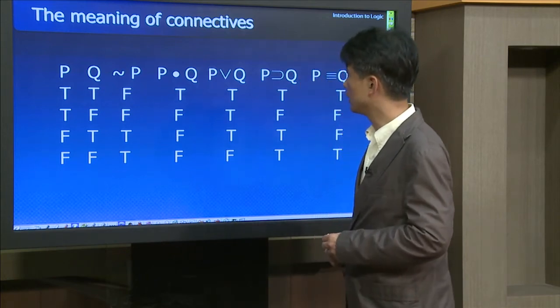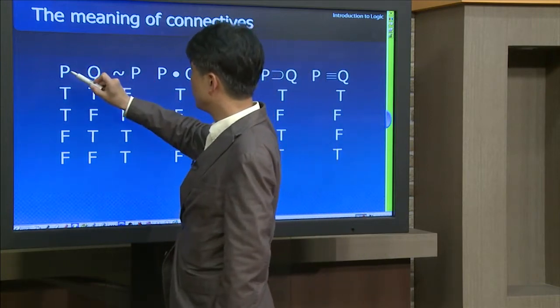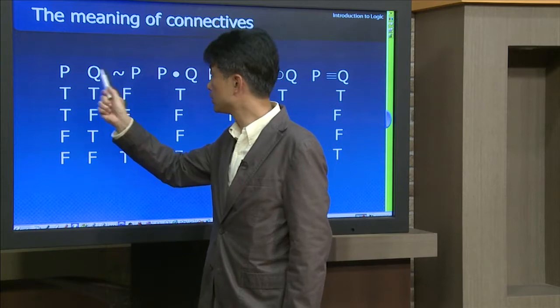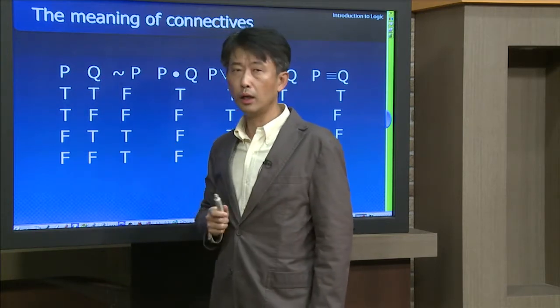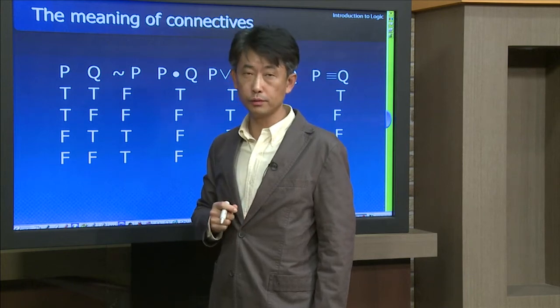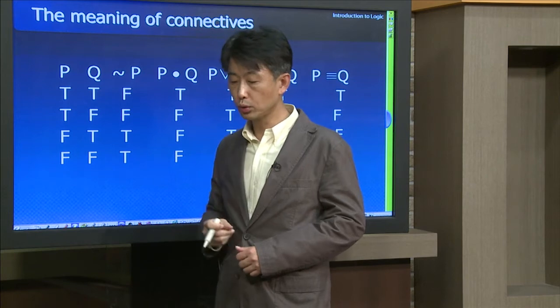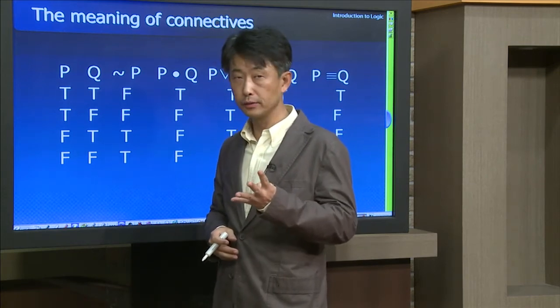The meaning of connectives. Let's say proposition P and Q. You can think of these as two coins. You toss these two coins, and it can land 4 different ways.